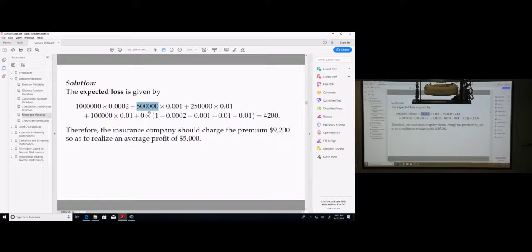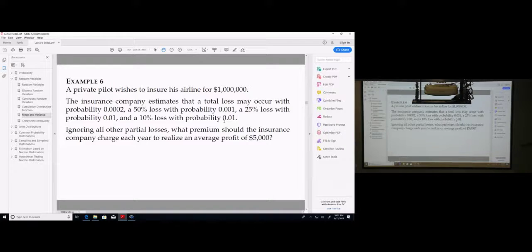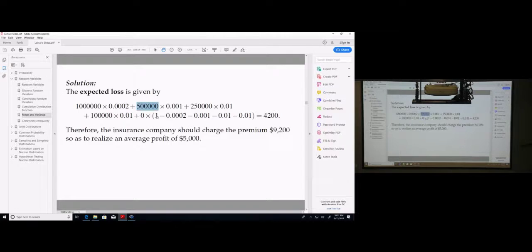Now there is one probability that is not given earlier, the probability that nothing happened to the airplane, say, during a 1 year period of coverage. So this probability can be found, but it is actually not useful in your calculations because the claim would be 0. So no matter what the number is, it's not going to affect your calculations. So this is 4,200, and so the insurance company wants to charge the premium 9,200 here.